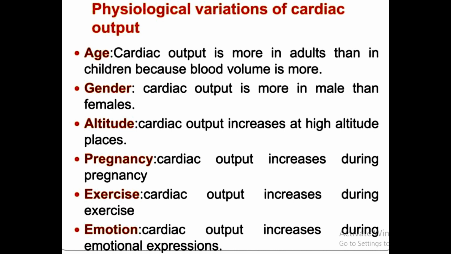The cardiac output increases during exercise because of an increase in the heart rate and force of contraction. At high altitude, the cardiac output increases because of an increase in the secretion of adrenaline. When changing from the recumbent to the upright position, the cardiac output decreases.